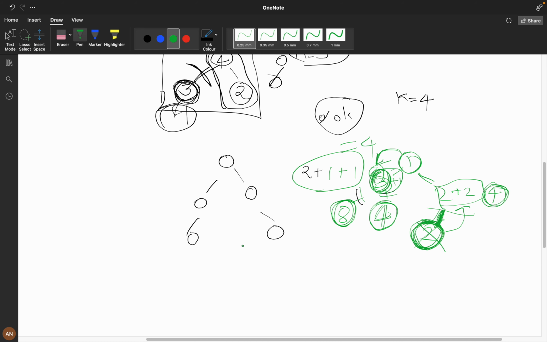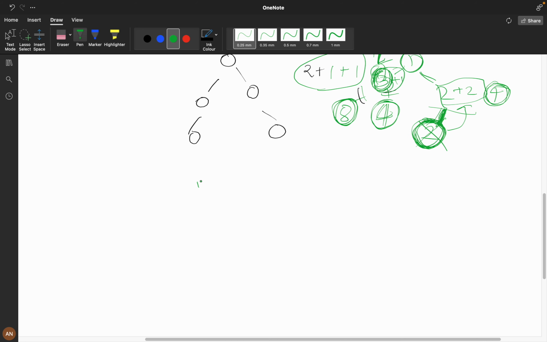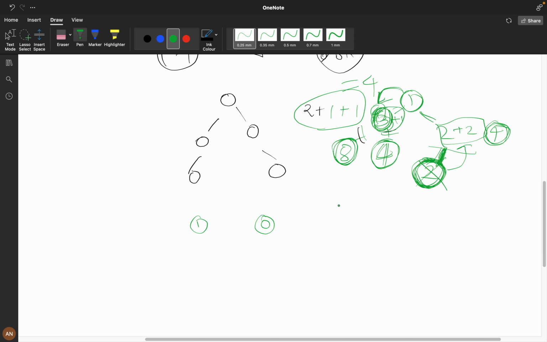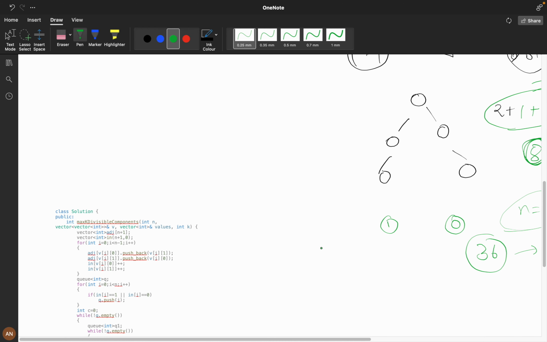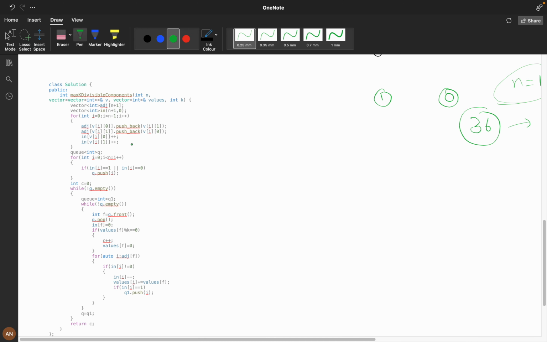So what exactly will I do? If my in degree is 0 or 1, and if n is equal to 1, there is only one component. Suppose that is 36, you can't detach, right? First we will calculate all the in degrees.